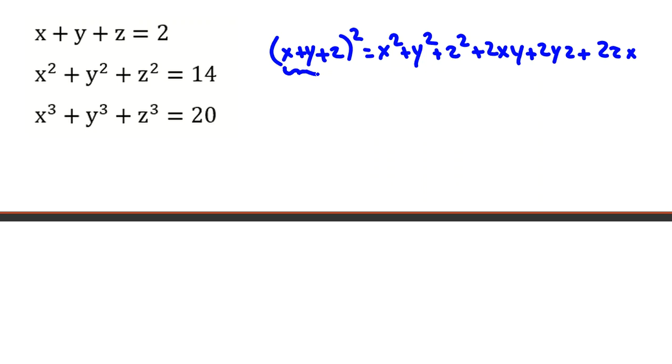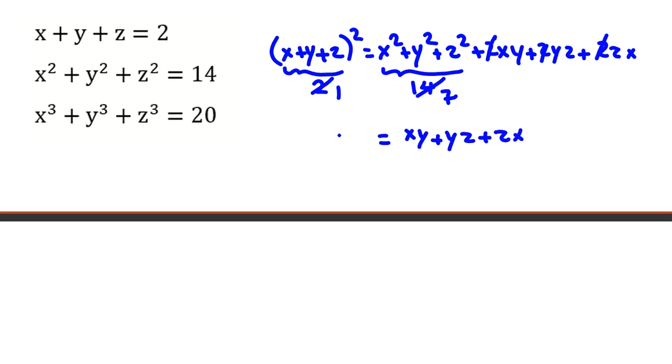So x plus y plus z is 2, x squared plus y squared plus z squared is 14. So 2xy, 2yz, 2zx, I can cancel by 2, it will be 7. So xy plus yz plus zx, if you subtract 7 from both sides, it will be negative 6.